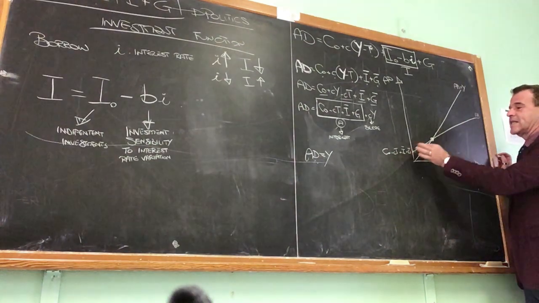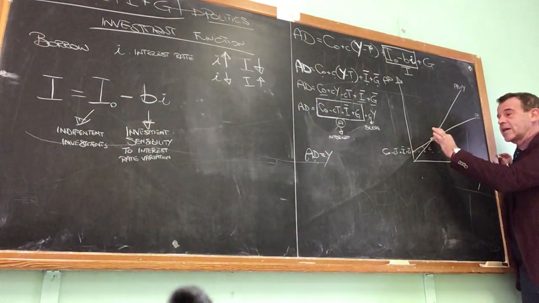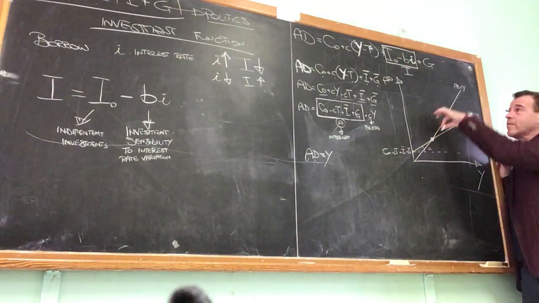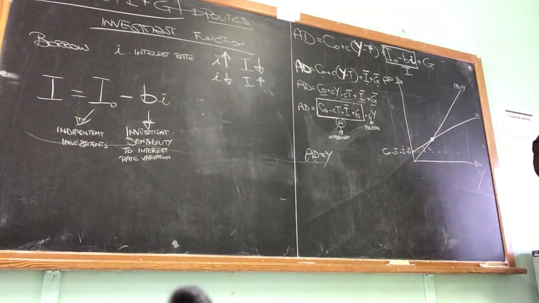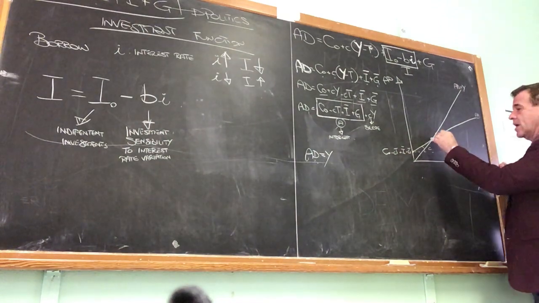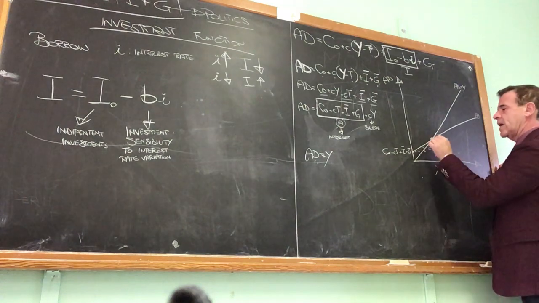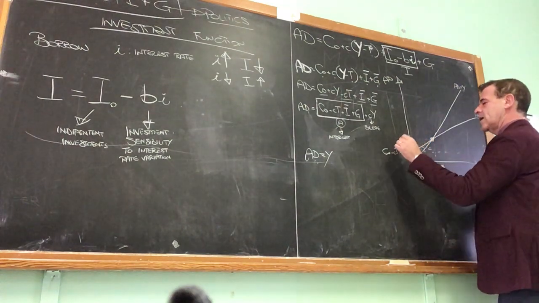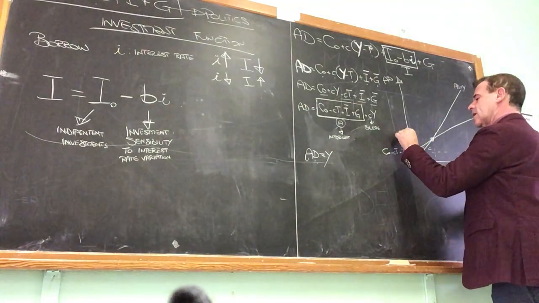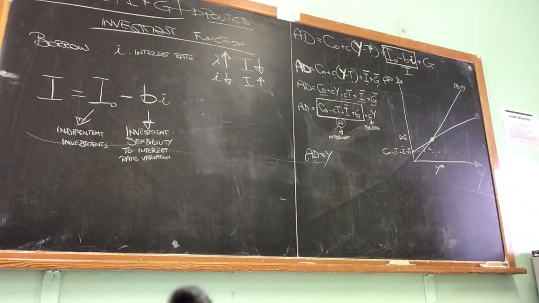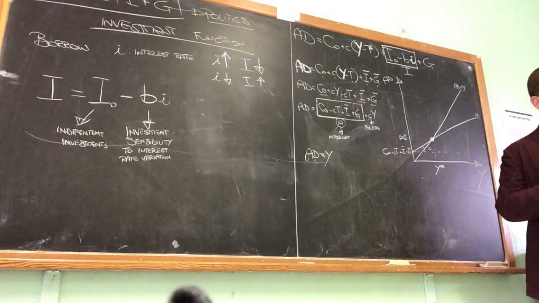So, if this is our goods market, when it meets the bisect, it gets the equilibrium. Meaning that we will have the equilibrium income and the equilibrium aggregate demand.